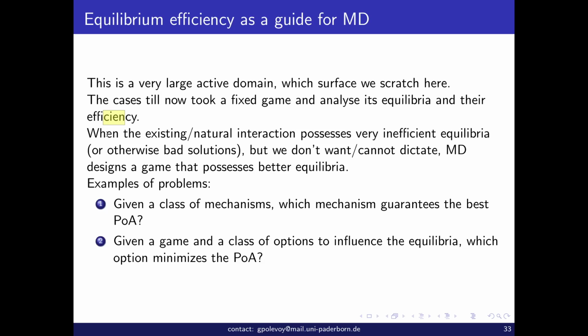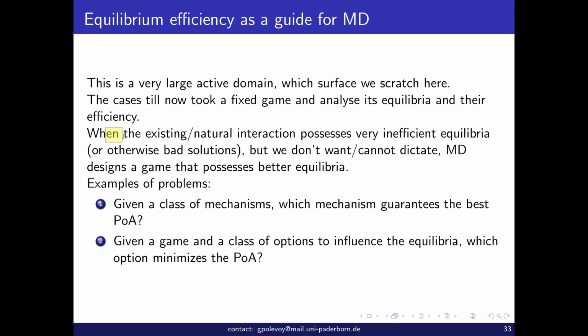Now, if we look at the existing interactions, the natural interactions we can establish, they may have very inefficient equilibria, or somehow bad solutions in some way. For example, the equilibrium is to tell something which is really wrong when you have to bid in an auction or something like that, something we don't like.